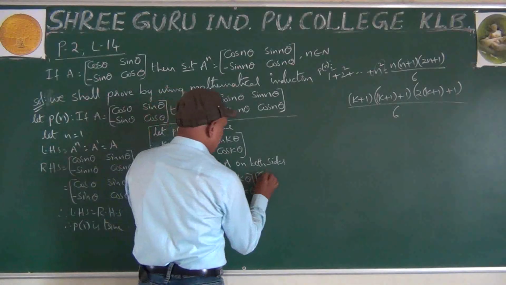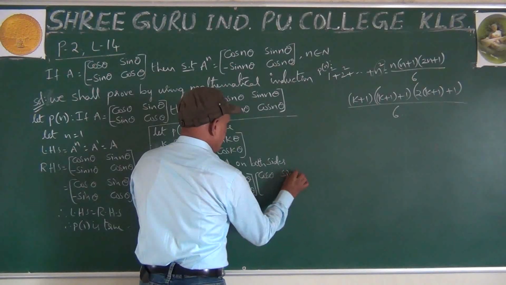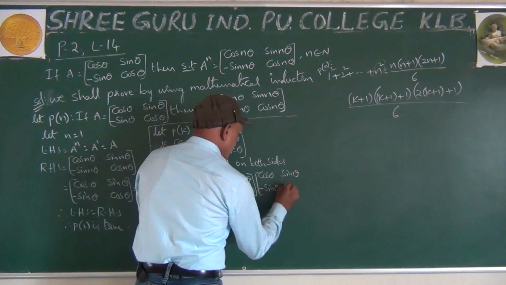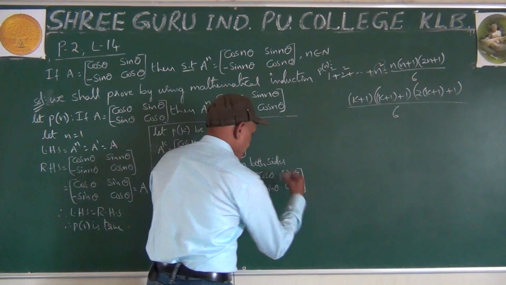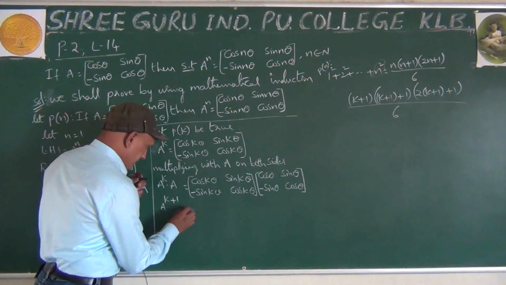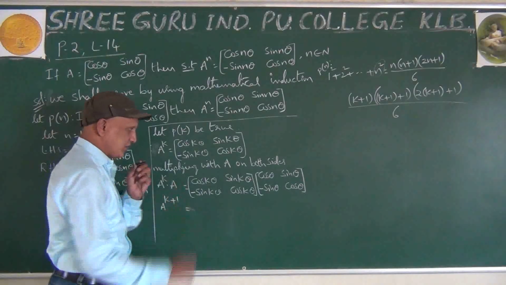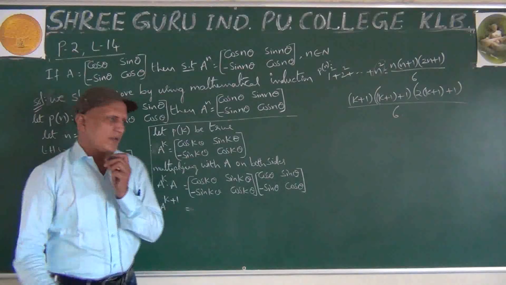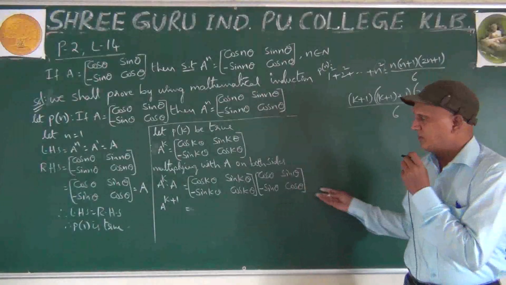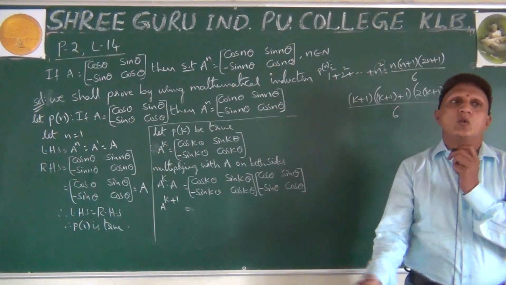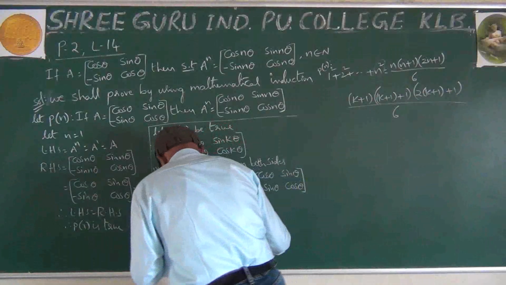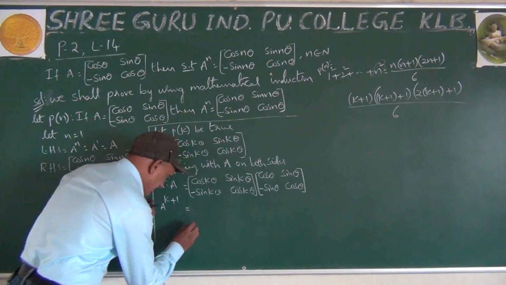Cos theta sin theta minus sin theta cos theta, right, equals to, bases are same, power should be added. Simple multiplication. This is a 2 by 2 matrix. This also is a 2 by 2 matrix. If we multiply both, we get one more 2 by 2 matrix. Right? Matrix multiplication.